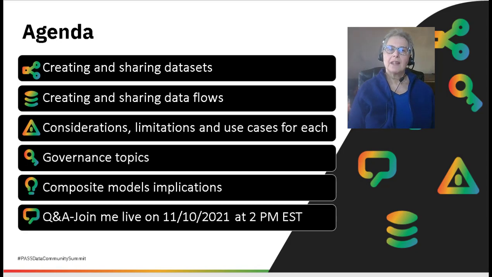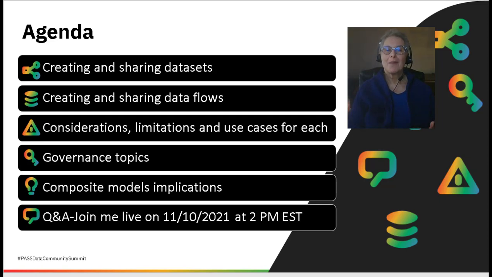So let's take a look at the agenda for today's session. We're going to talk about creating and sharing data sets, and then creating and sharing data flows. We're going to talk about considerations, limitations, and use cases for each. We're going to talk about governance topics, security and access, those kinds of issues.